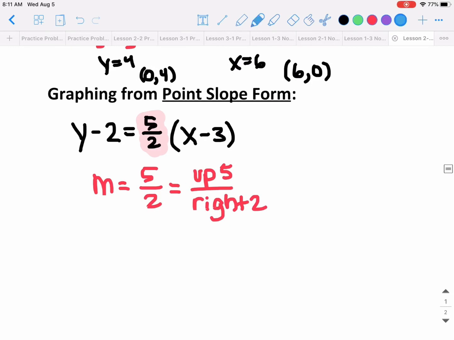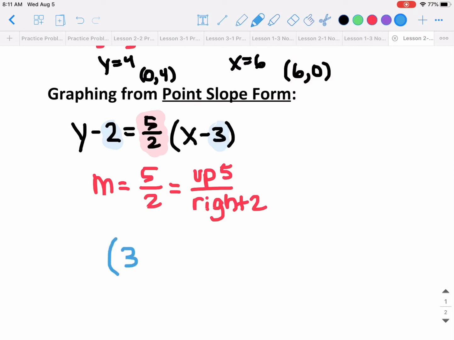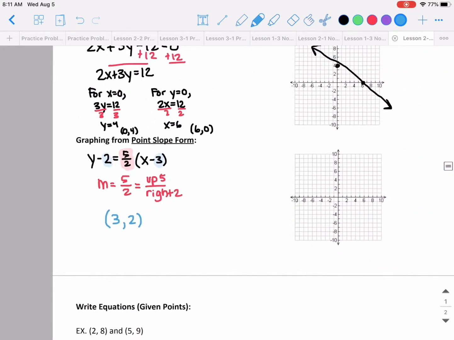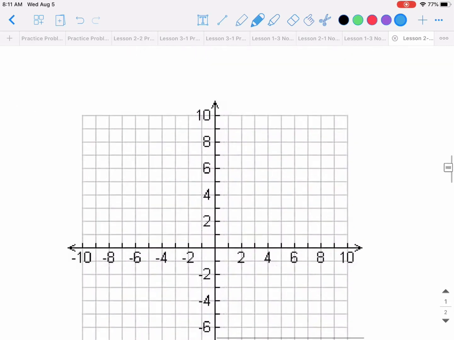So that's how I'll be moving. And the important point that I can pull from this is, I meant to use the highlighter, I'm going to take that 2 from there and that 3 from there. And this is going to tell me that I have the point (3, 2), where x is 3 and y is 2. I'm going to plot that point first, so (3, 2).